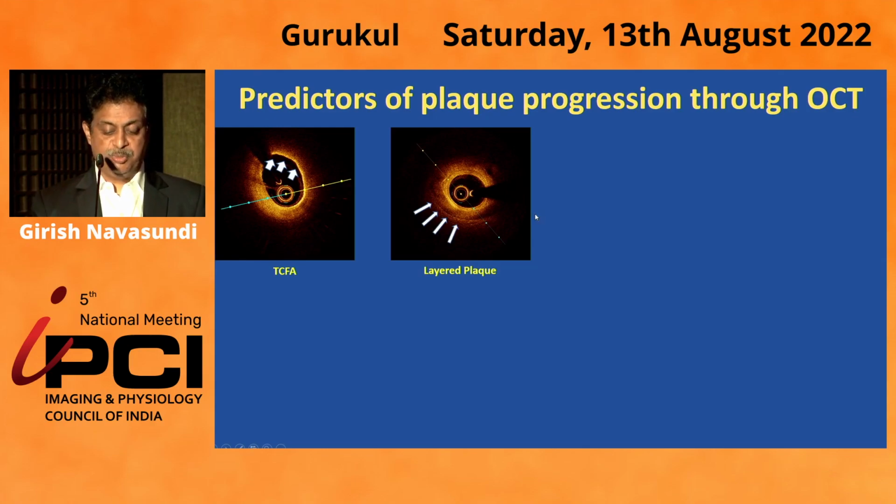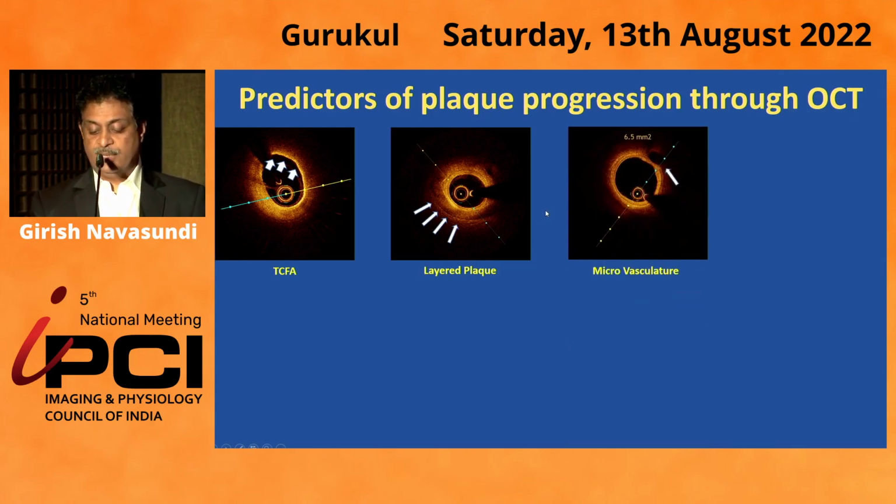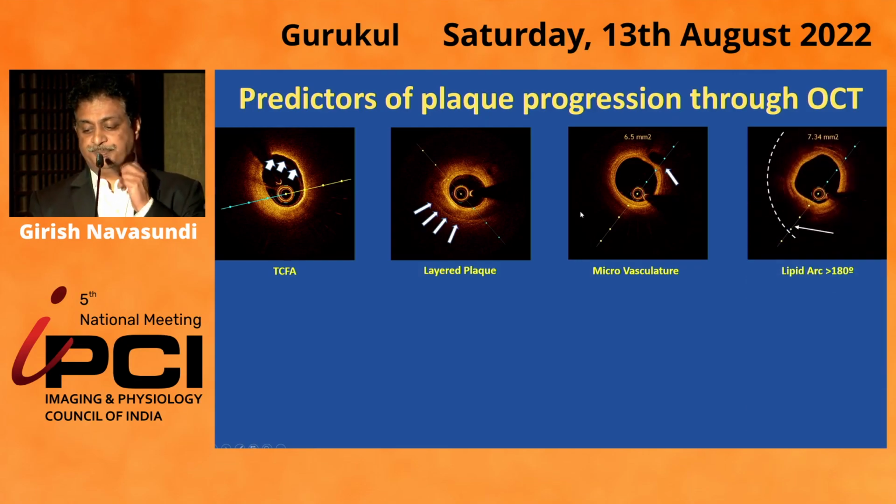So this is layered plaque, which is more vulnerable. Now, these are much smaller microvasculatures. This I tried to get out of my own images; in the book there are better ones. If you find new vasculature within the plaques, then they are vulnerable to hematoma formation and rupture.